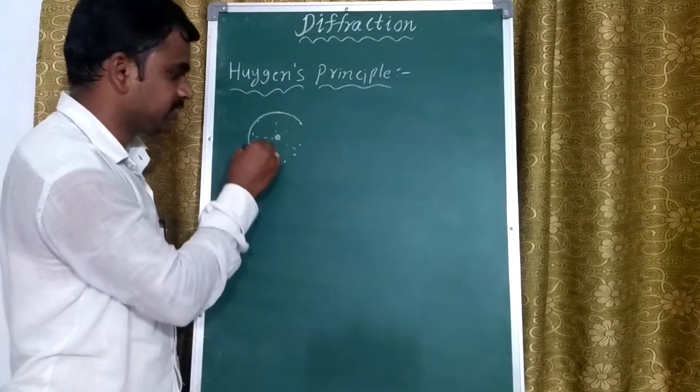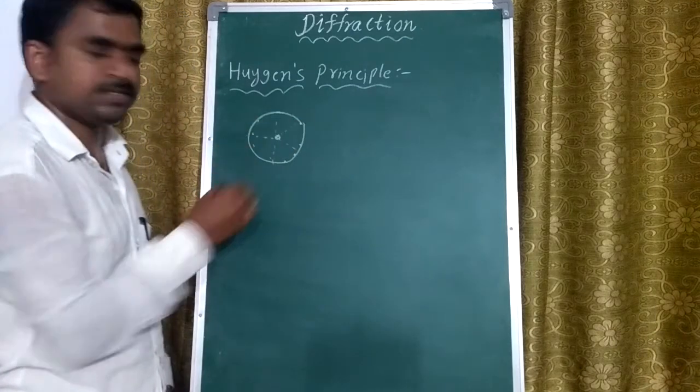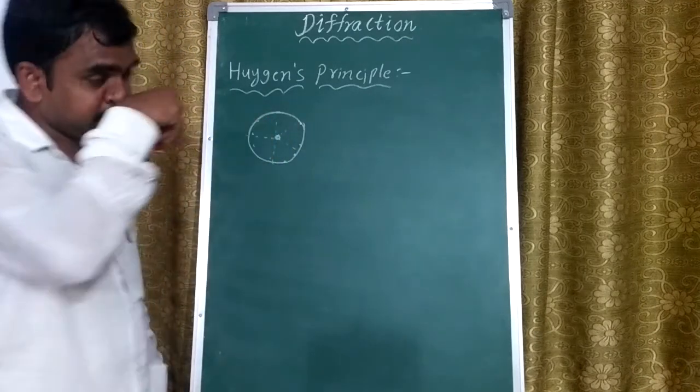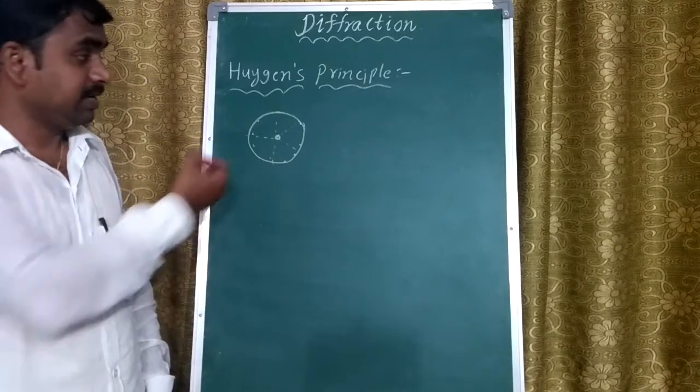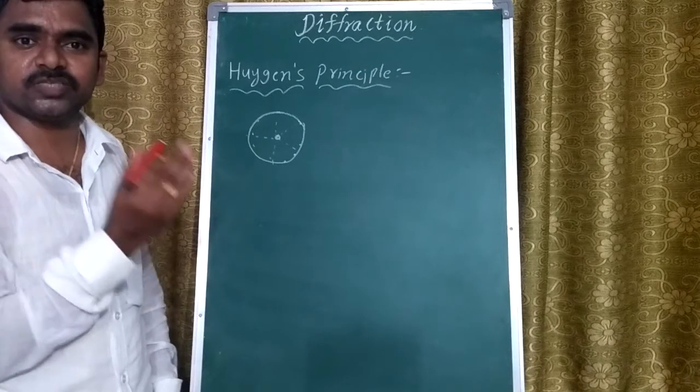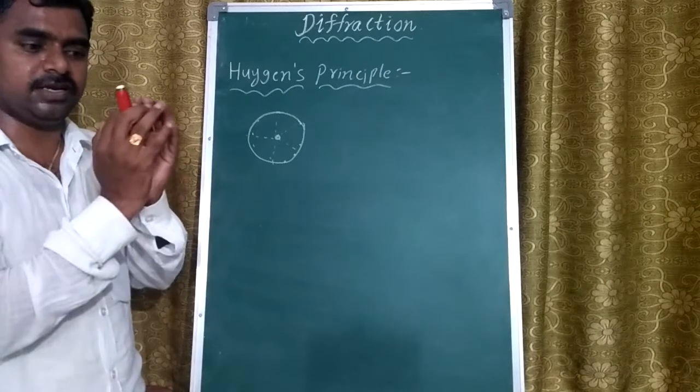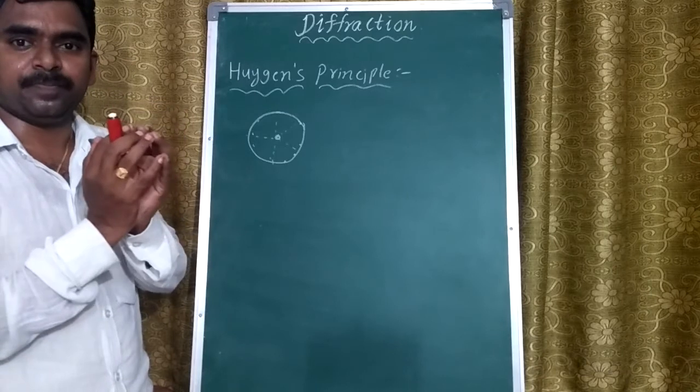That means if we take this one as two dimensional, it is a curved surface. Sorry, it is a circle. But if we take this one as three dimensional, it gives a sphere.